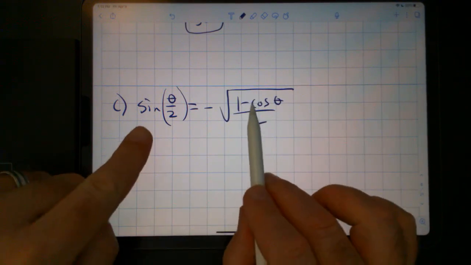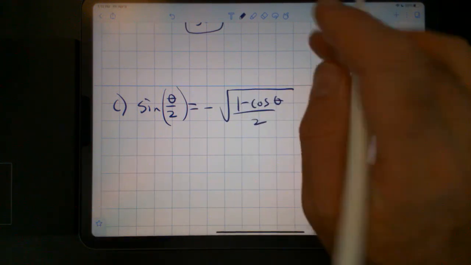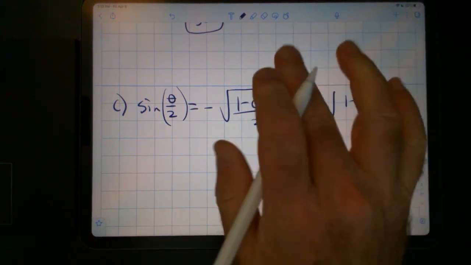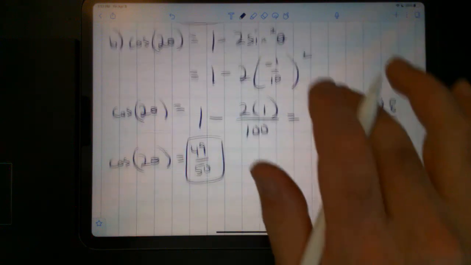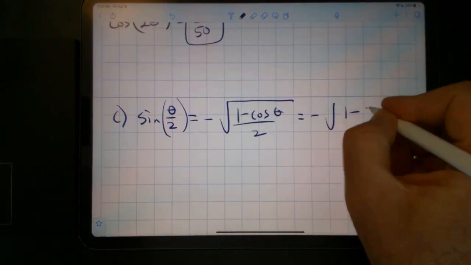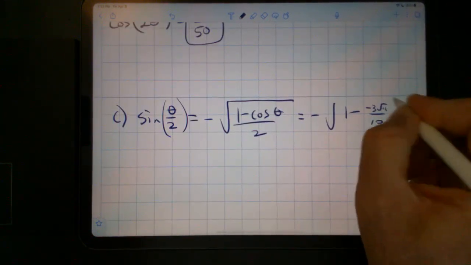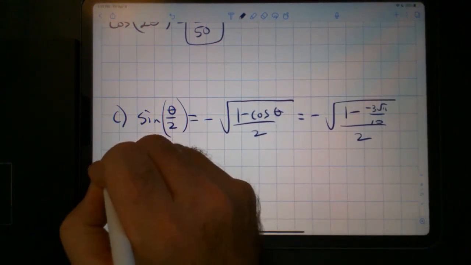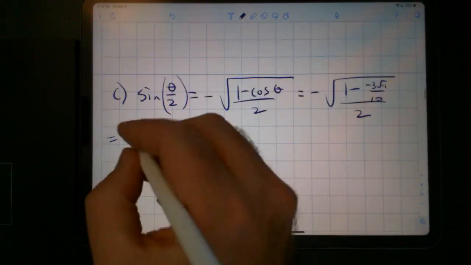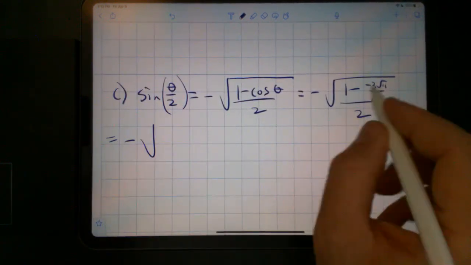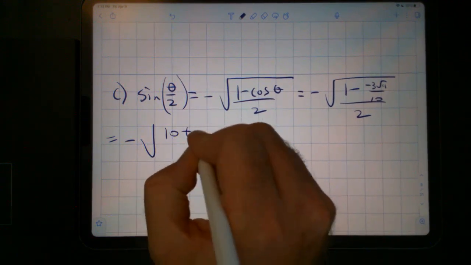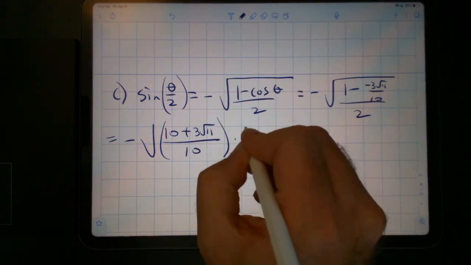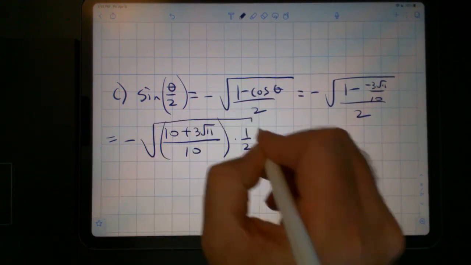So this is negative the square root of 1 minus cosine theta, where cosine theta is negative 3 radical 11 over 10, and all of this is divided by 2. So this is equal to negative the square root of 10 plus 3 radical 11, all divided by 10, and this is divided by 2 or multiplied by 1/2.